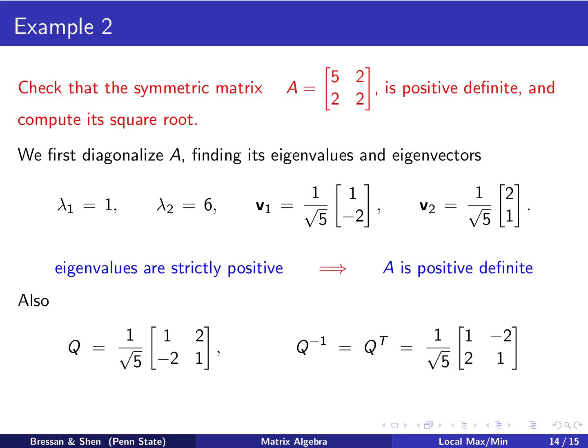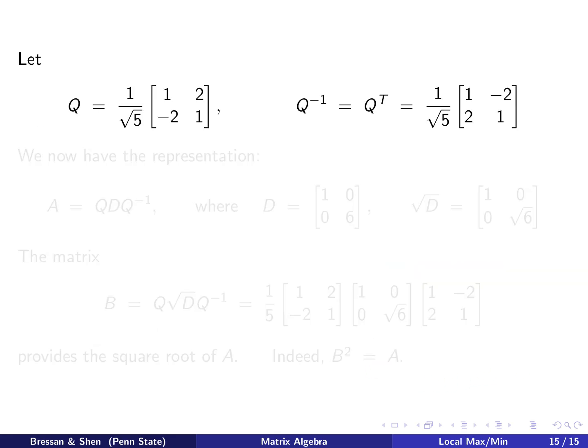Now we can form the Q matrix, which collects the two eigenvectors, V1 and V2. We know that these two vectors are orthogonal to each other, so Q inverse is just Q transpose, and one can immediately write it out. Let's keep these two here at the top of the slide as we continue.